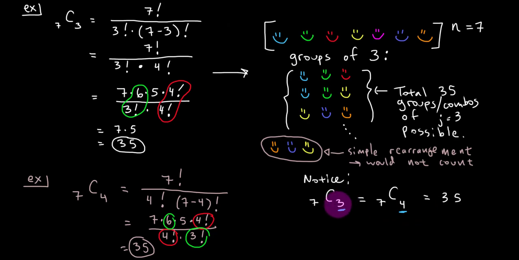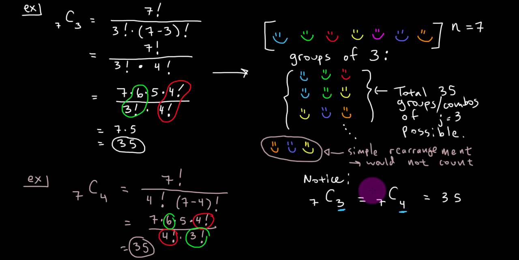Imagine these groups of 3, like up here. Every time you have a unique group of 3, you have left out a group of 4, haven't you? So this group of 3 has left out a group of 4. And the second group of 3 has left out a new group of 4. So these are sort of complementary in a way. That is why these two quantities are equal.